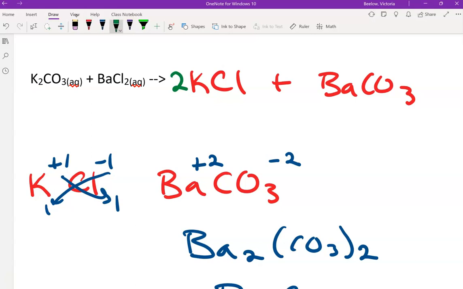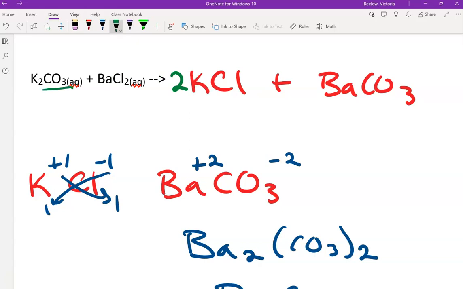And remember that 2 gets applied to everything it's in front of. So now you're saying you have 2 Ks and you have 2 Cls. However, if you look on this side, we already have 2 Cls, or 2 chlorines, because of this subscript. So right now there are 2 potassiums, or 2 Ks, on either side, and 2 chlorines on either side.